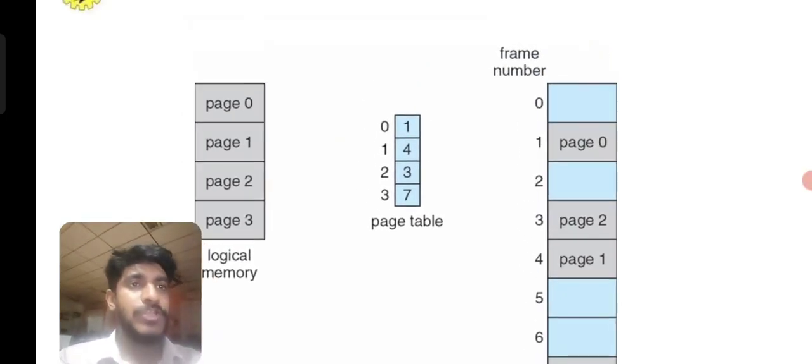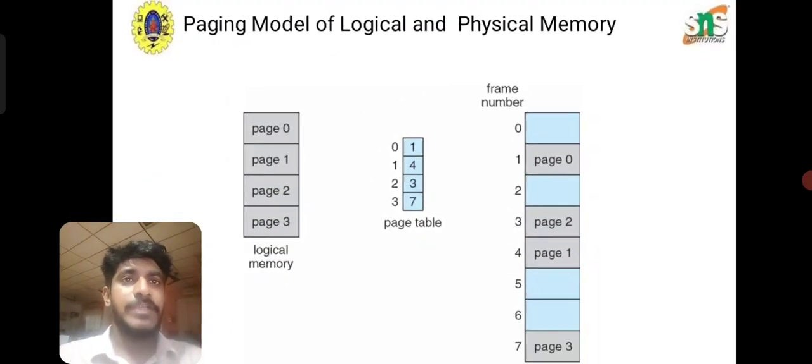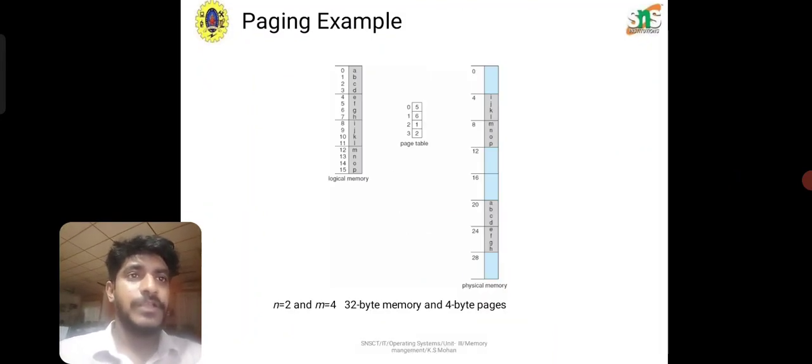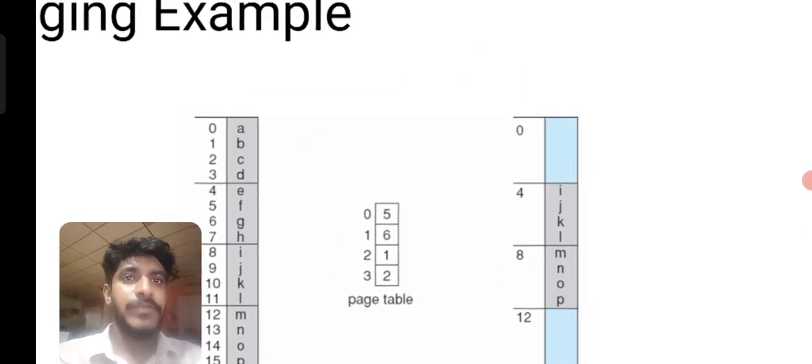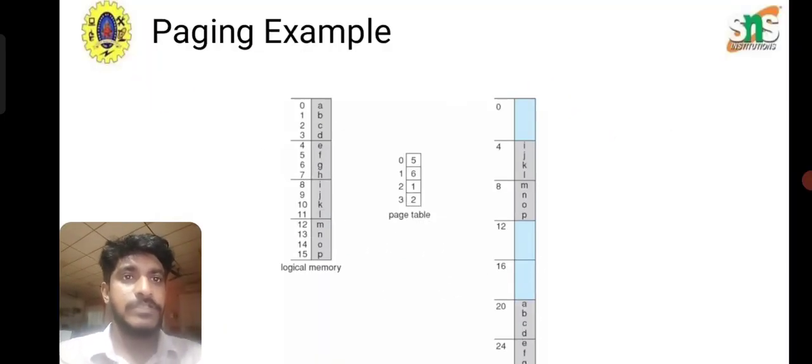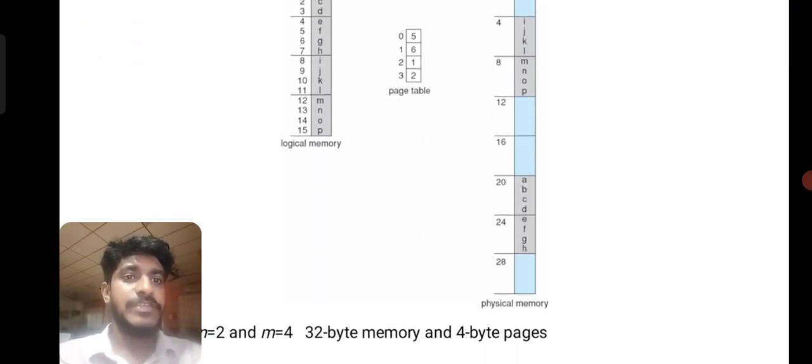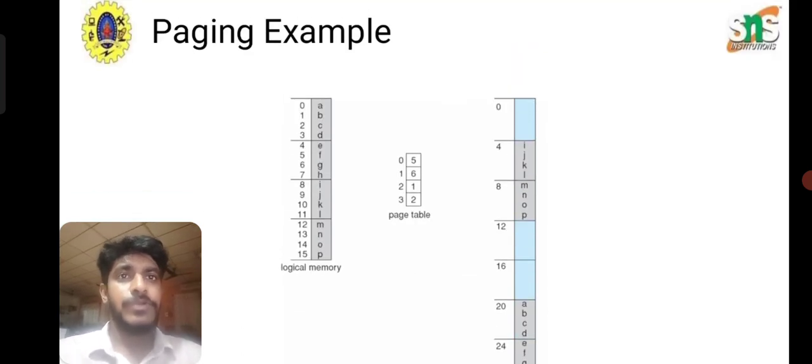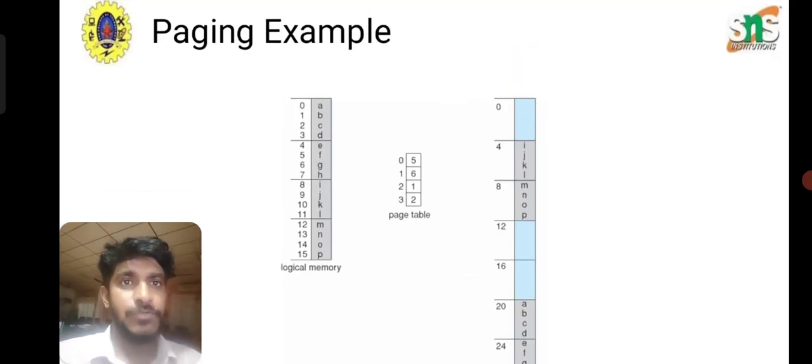So in the storage management system we can see the paging model of logical and physical memory. Now the paging example, with logical memory, page table and physical memory. The logical memory has addresses 0 to 15, along with the page table.